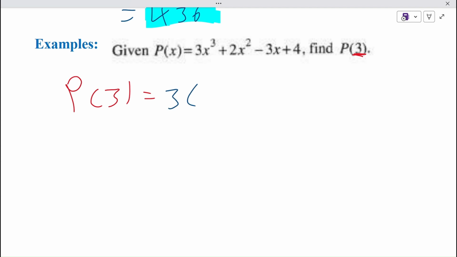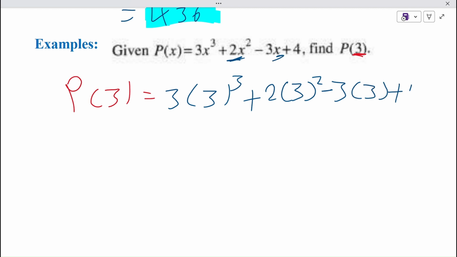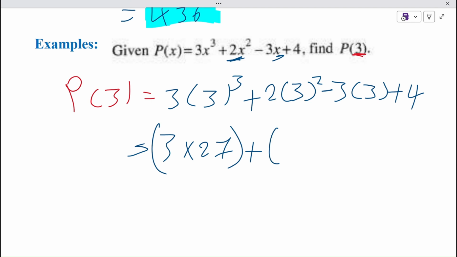Instead of x, just substitute 3: 3 cubed plus 2 times 3 squared minus 3 times 3 plus 4. 3 cubed is equal to 27, plus 3 squared is equal to 9, 2 times 9 is equal to 18, minus 3 times 3 is equal to 9, plus 4.